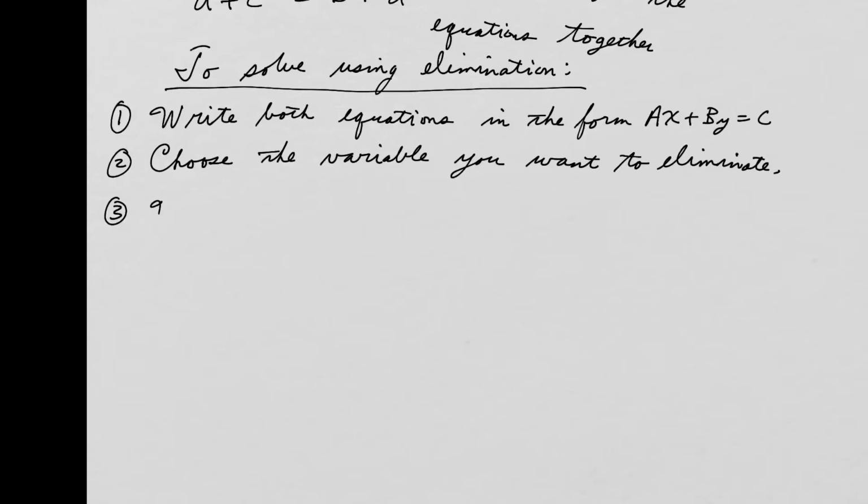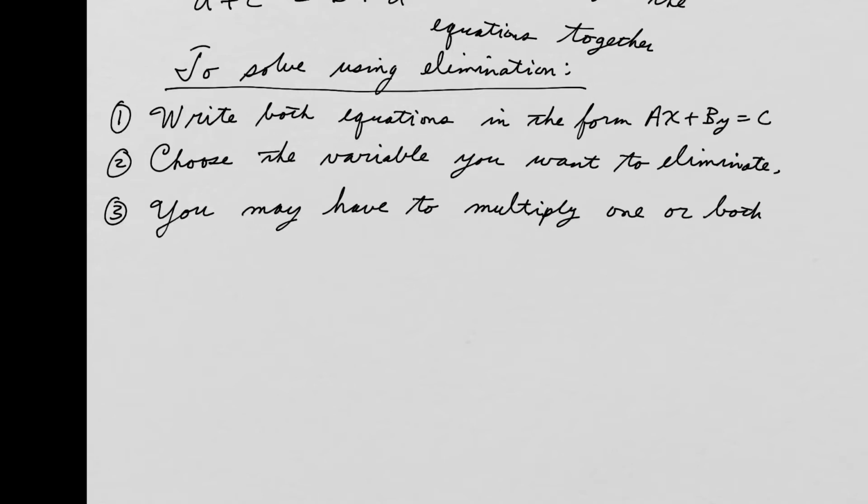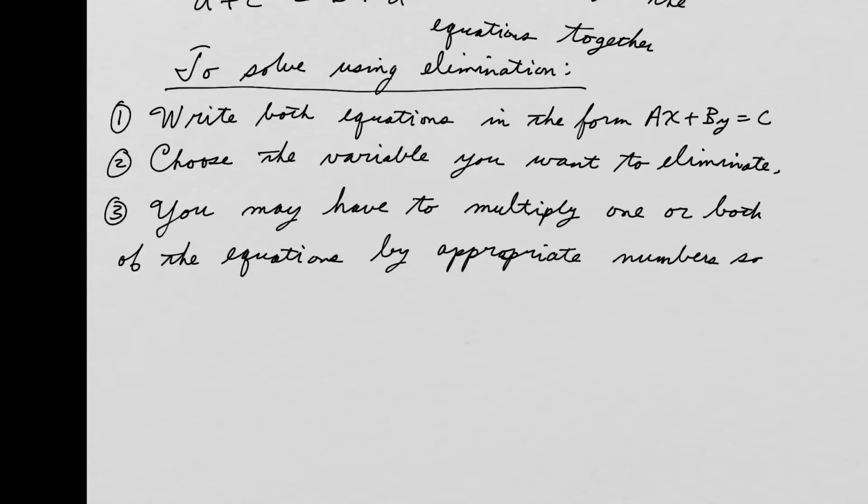So you may have to multiply one or both of the equations by appropriate numbers so the coefficients of the variable to be eliminated are opposites.